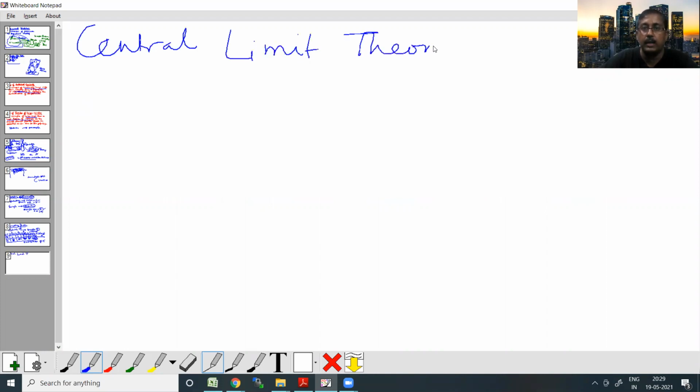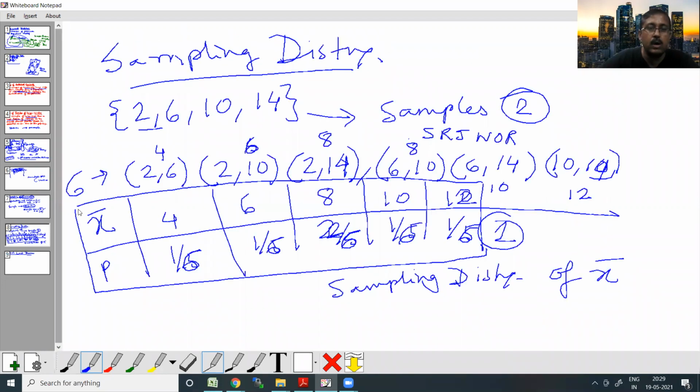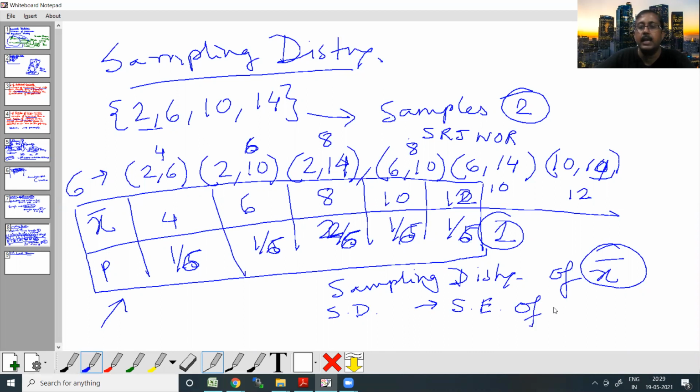Before I come to that, one more thing I need to say is we have just seen the sampling distribution of a statistic. Here we have seen the sampling distribution of the sample mean. Now if we calculate the standard deviation based on this sampling distribution, that standard deviation is called the standard error of the statistic. So here, the standard error of x bar.